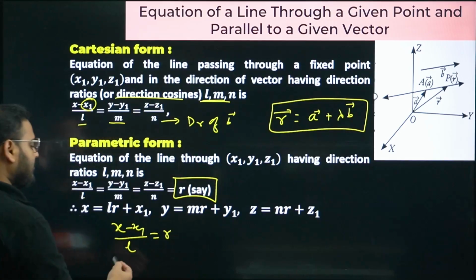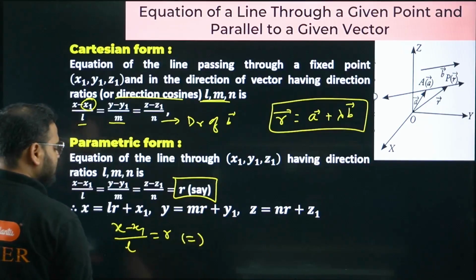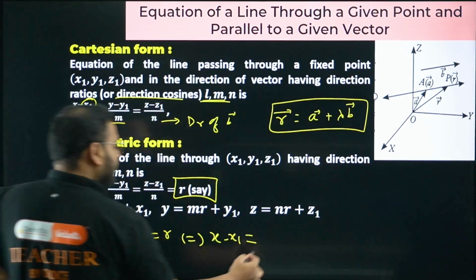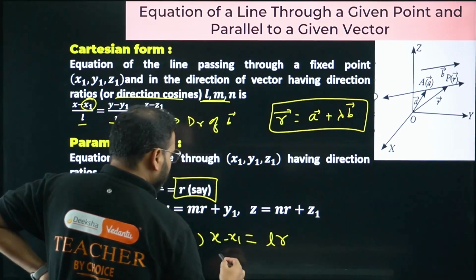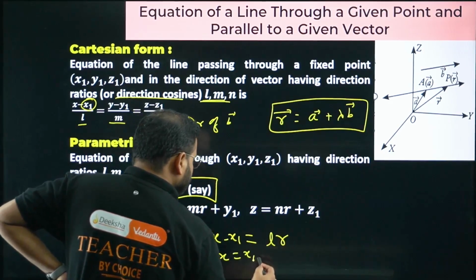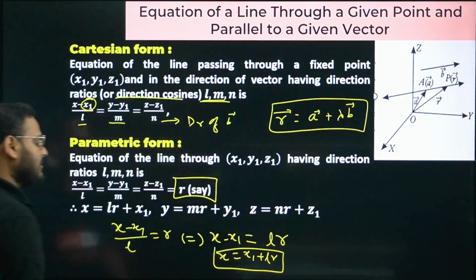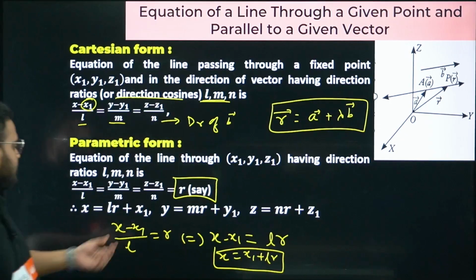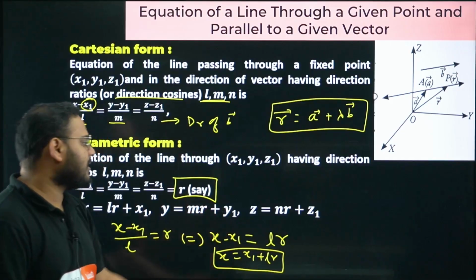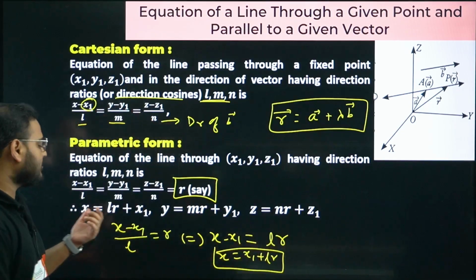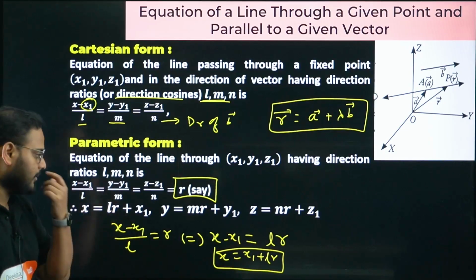This is equal to r, right? So please simplify this. You're going to get x - x1 = l times r. From here you get x = x1 + lr. Please check. This is done. Same way, y = y1 + mr and z = z1 + nr. Okay, writing x in terms of your parameter r.